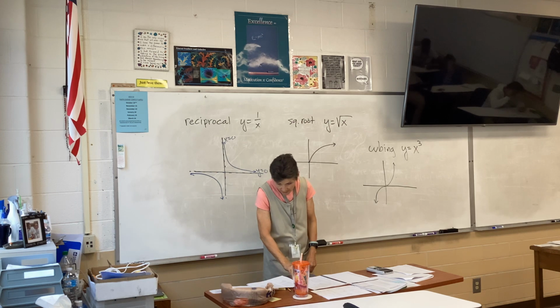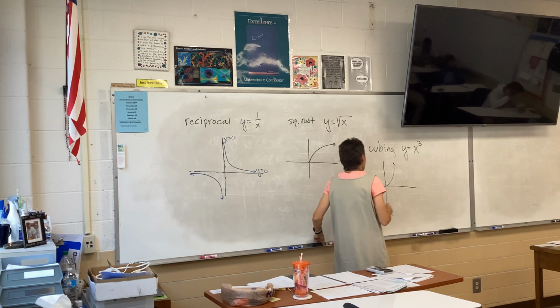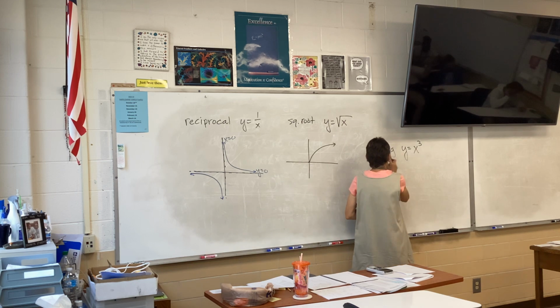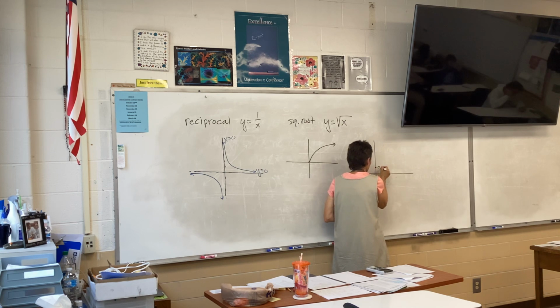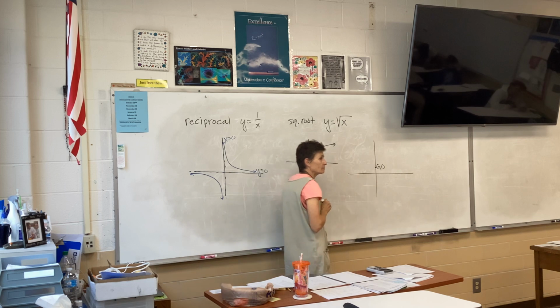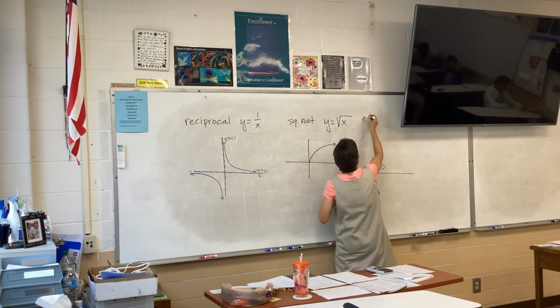All right, next we have the exponential. Now, the exponential is one that you will have to put a special point on your picture. So I want you to put a point at 0, 1. So this is the exponential.